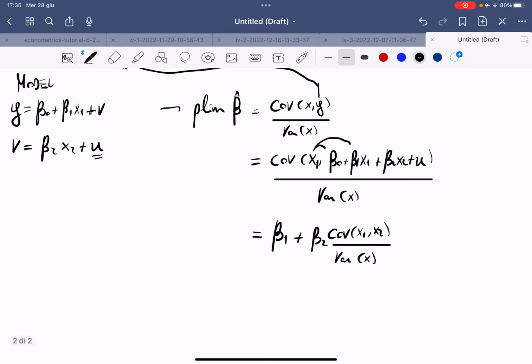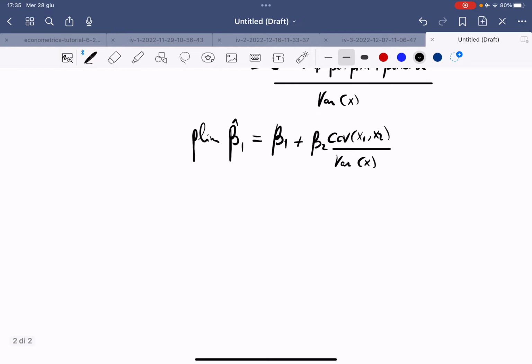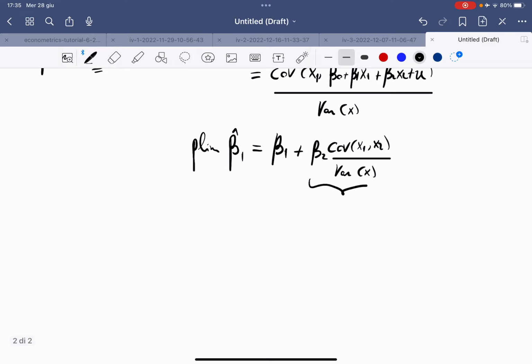So the probability limit of beta 1 hat is equal to the true value of beta 1 plus beta 2 times the covariance of x1 and x2 divided by the variance of x.